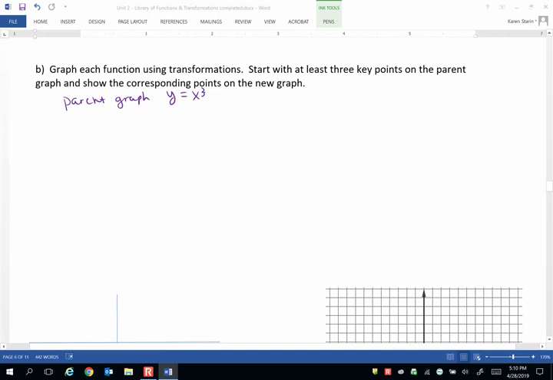Well, we said there was a horizontal shift left 2 units, so we're going to subtract 2 from x values. And then we said there's a vertical shift down 3, so we're also going to subtract 3 from the y values. Again, just hang on to that for a second.